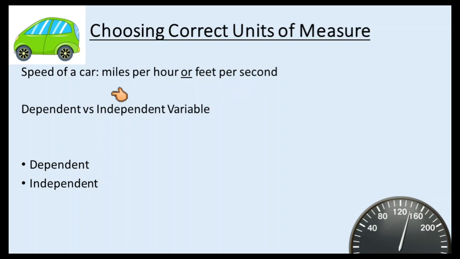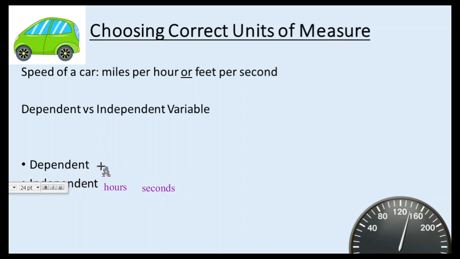So in this case here, if I'm looking at the miles per hour, the independent is going to be the hours. If I look at feet per second, the independent is going to be the seconds. Because how many seconds or how many hours occur is going to determine how many miles or how many feet you've traveled.